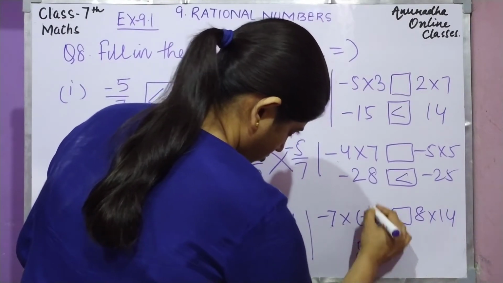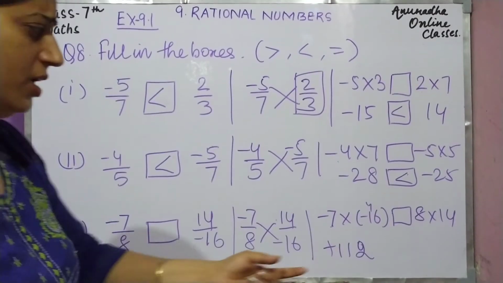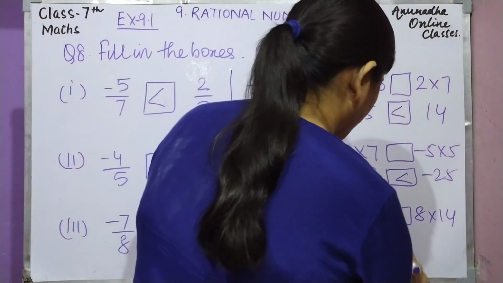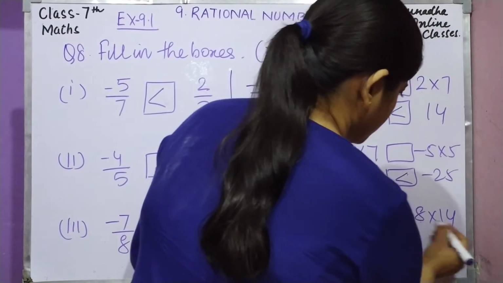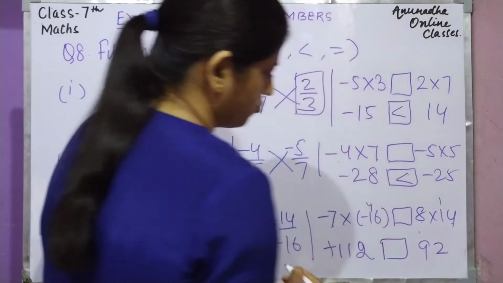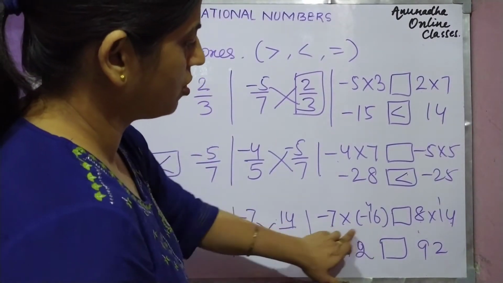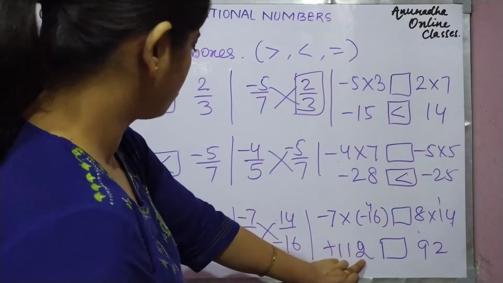7 6s are 42, carry 4, 7 and 7, 8, 9, 10, 11. This is plus 112, and box. This is 8, 4s are 32, 2, carry 3, 8 ones are 8, 9, 10, 11. Any mistake? See, 7 6s are 42.